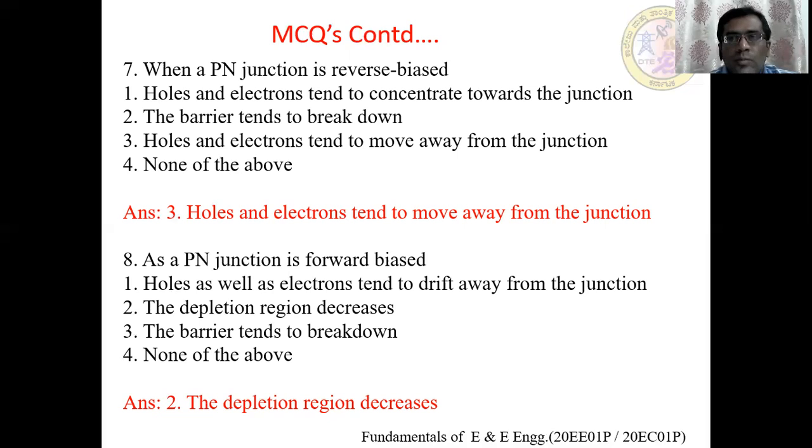Because of the movement of those electrons, the current flows. When the current is flowing, the diode will conduct, so it will be in the on mode, and the depletion region decreases. So the answer is option number 2: the depletion region decreases.